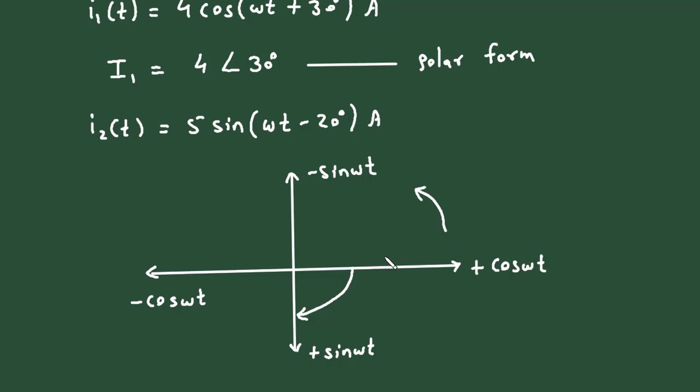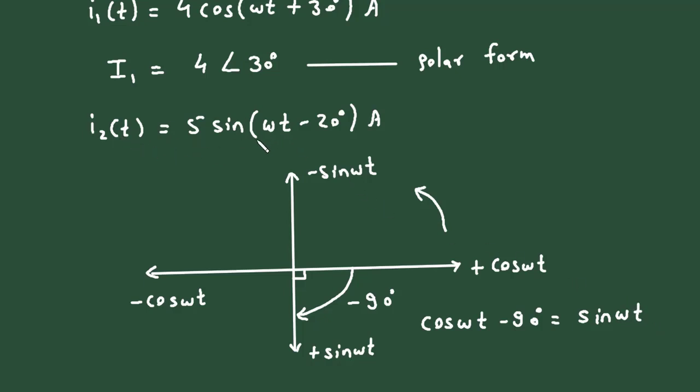If we go in this direction, it will be positive, but currently we are going in the opposite direction, so we have to subtract 90 degree. Why 90 degree? Because the angle is 90 degree. So the formula will be: cos(omega t - 90 degree) is equal to sin omega t.